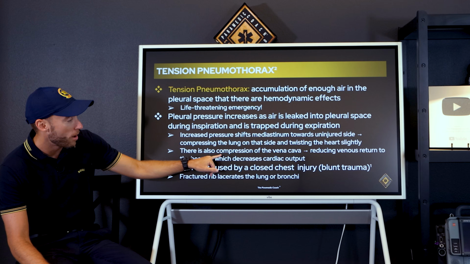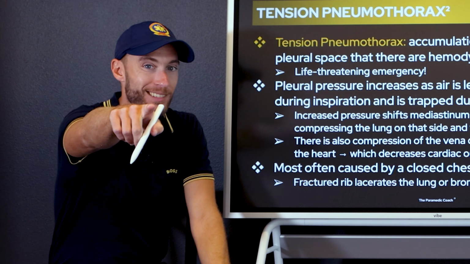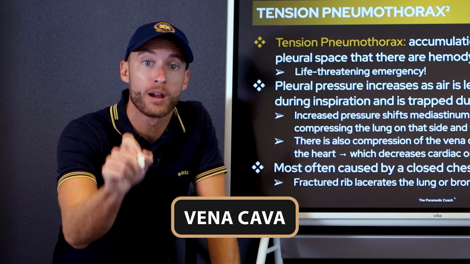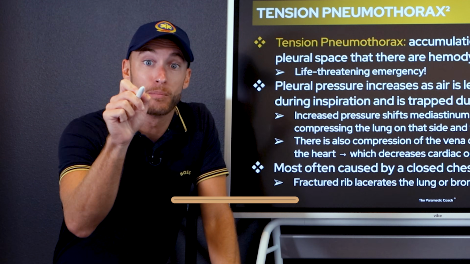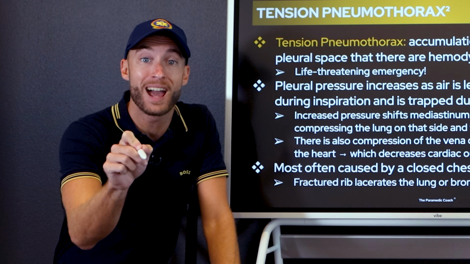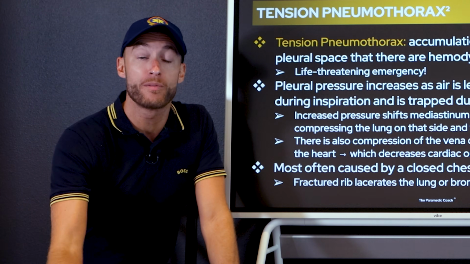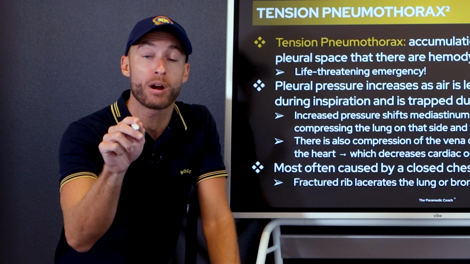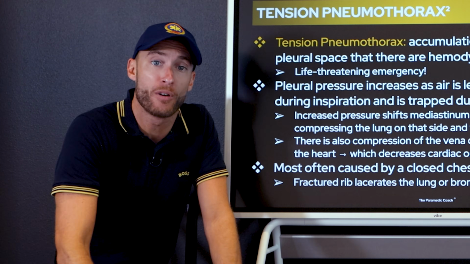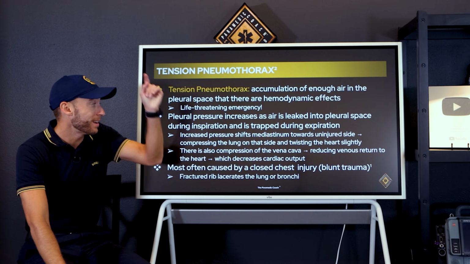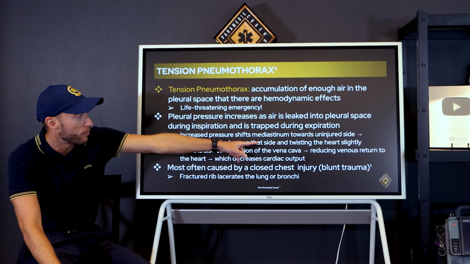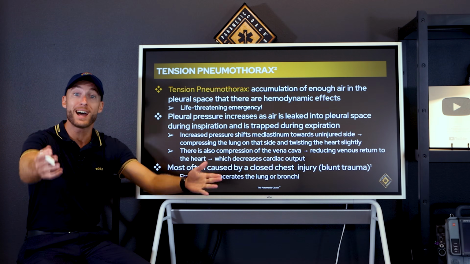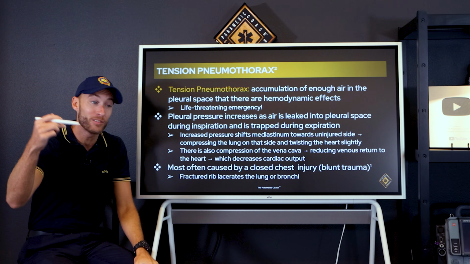There is also compression of the vessels, the vena cava, which brings deoxygenated blood that has no oxygen back from the venous system into the right atria. So if I put that pressure on the vena cava, what's going to happen, folks? Our blood pressure is going down because of reduced venous return to the heart, which decreases cardiac output.